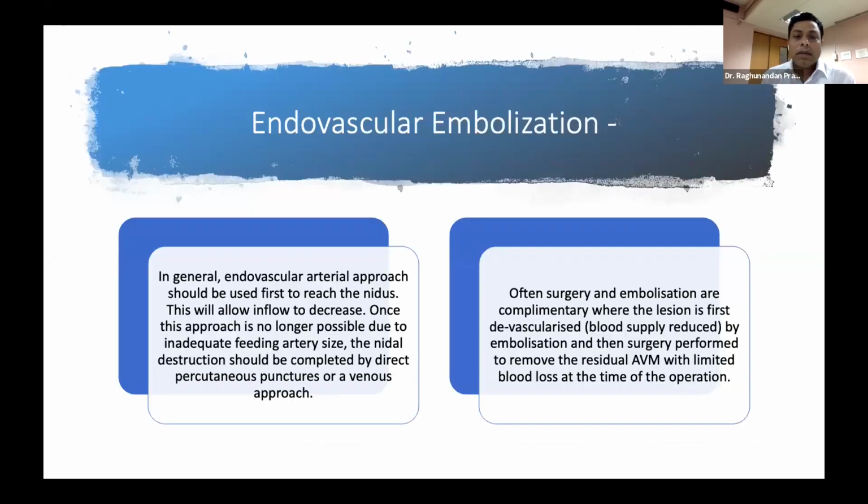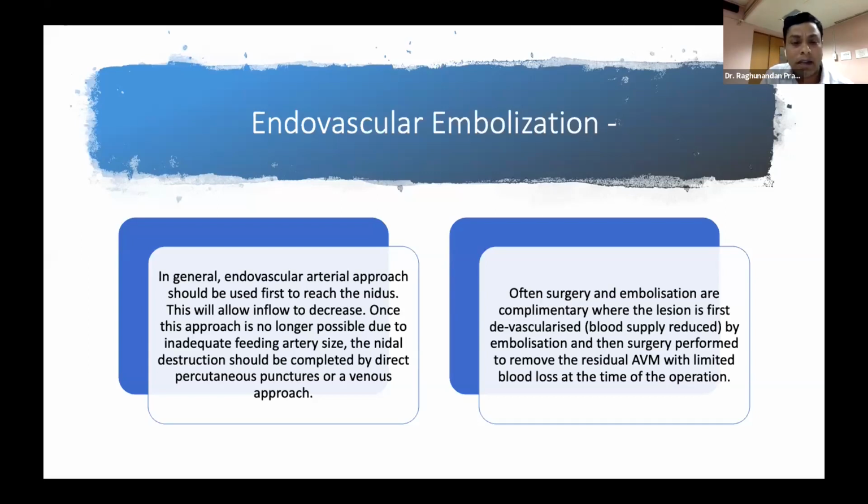Coming to the endovascular approach, in general the endovascular arterial approach should be used first to reach the nidus. Of all three approaches, the first should be transarterial. If you feel the embolic material from the arterial side might not reach the nidus, then you reduce the flow from that side, take a venous puncture, and inject the embolic material by the transvenous route.